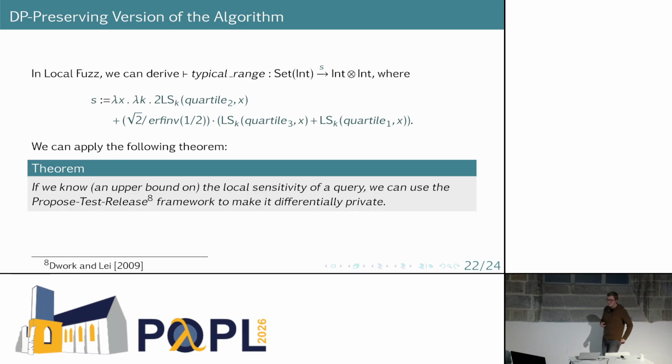There is 2 times the local sensitivity of the second quartile because we're using that twice, one in each coordinate of the result. So it's very close to the structure of the program.